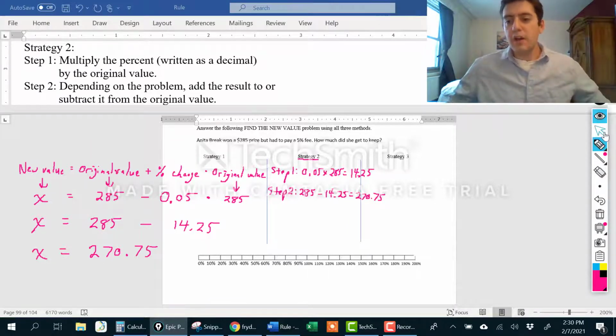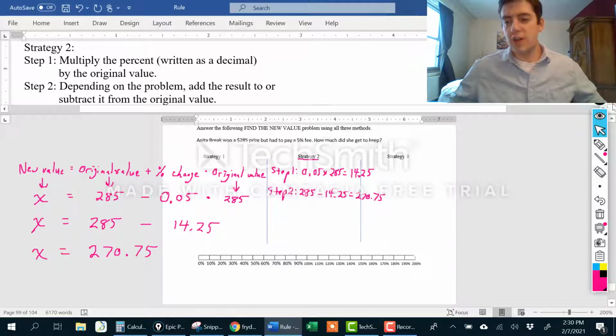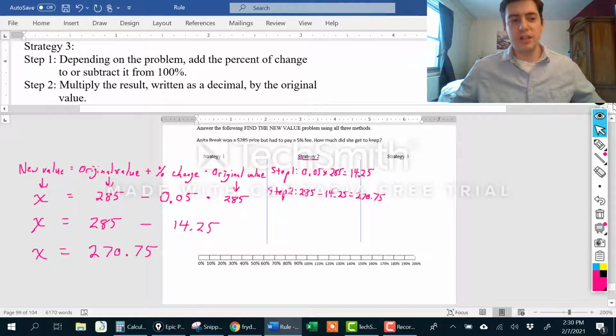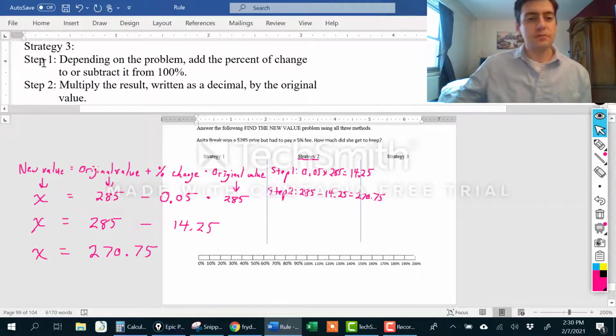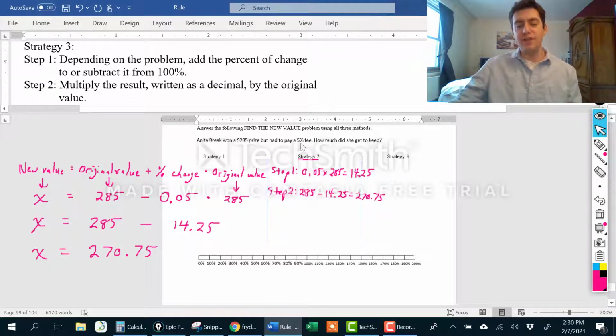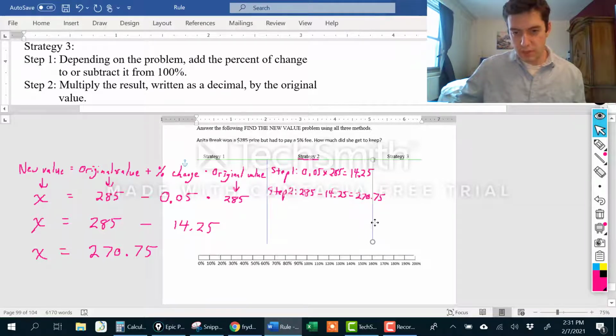Now let's move on to another strategy, which again, I did not name in any fancy way. I'm just calling it strategy 3. So step 1, depending on the problem, add the percent of change to or subtract it from 100%. Again, since she's paying this fee, I'm going to subtract here. I'm going to subtract 5% from 100%. So, you know what? Let me just move this line over.